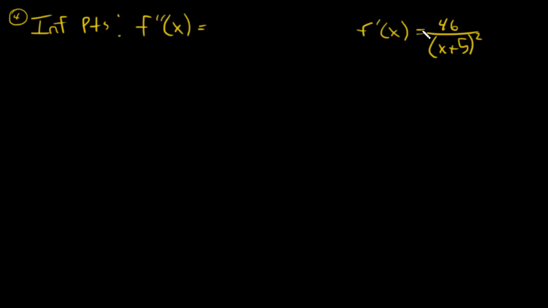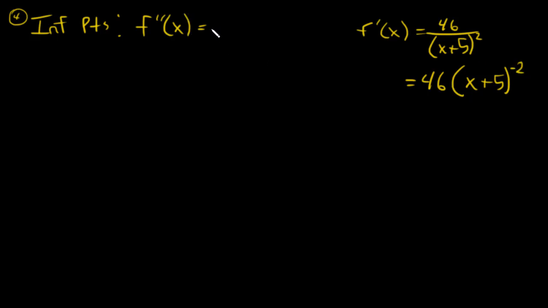I can rewrite this so I don't have to do a quotient rule, because this is actually 46 times (x plus 5) to the negative second power. So I can do my f double prime much, much faster by just doing a power rule.